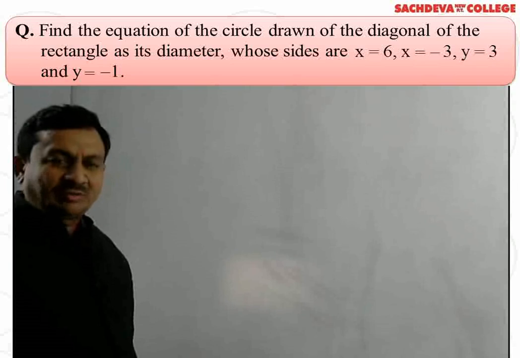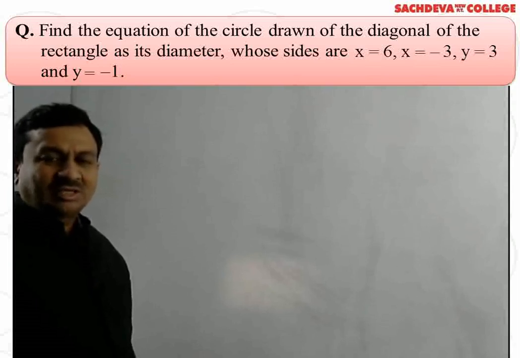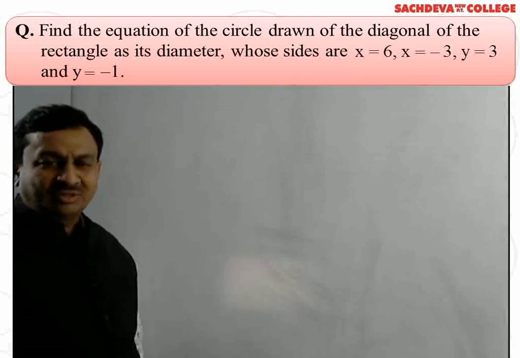Find the equation of the circle drawn on the diagonal of the rectangle as its diameter, whose sides are x is equal to 6, x is equal to minus 3, y is equal to 3 and y is equal to minus 1.